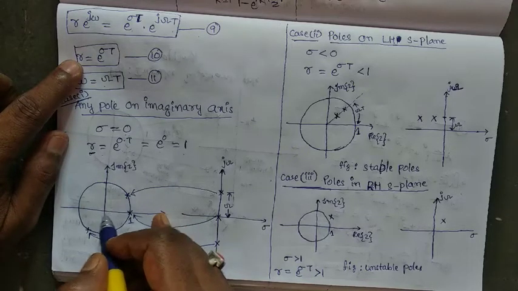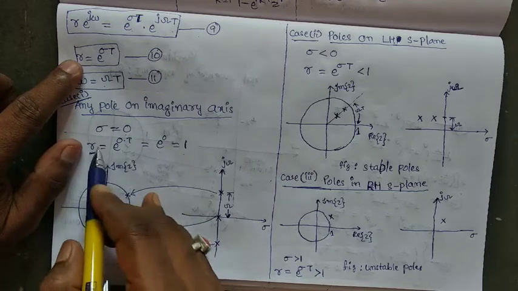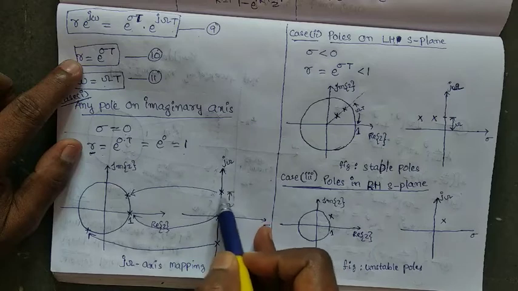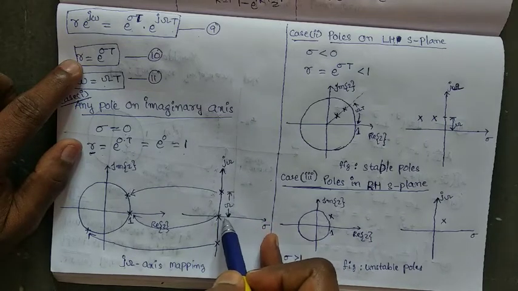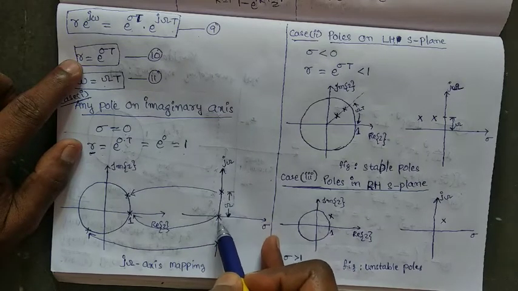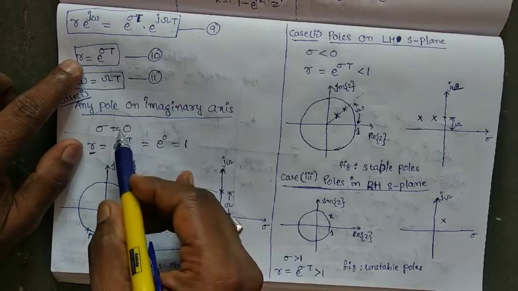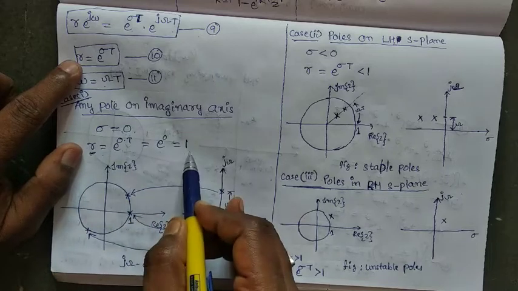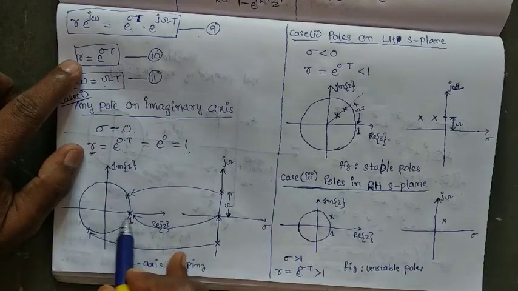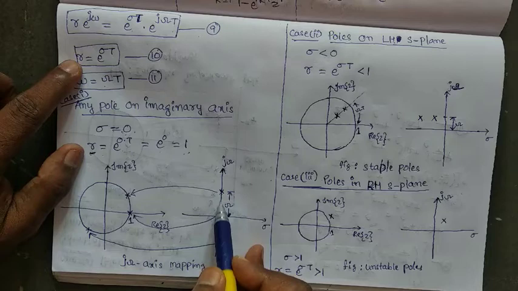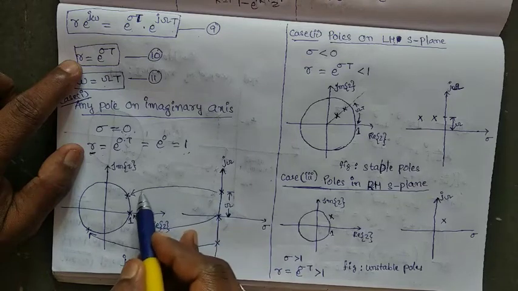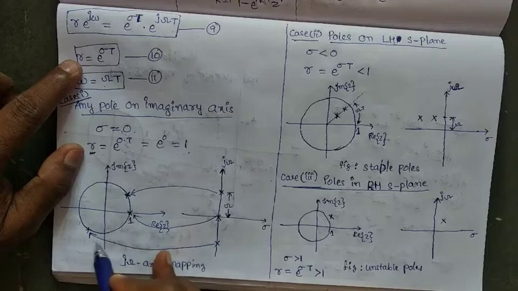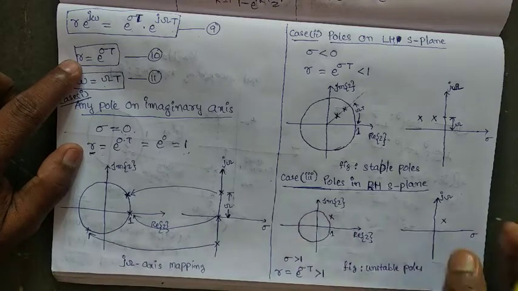We calculate it in terms of the real part in the S plane. The poles are located on the imaginary axis, so the real part is 0, sigma is equal to 0, and the R value is 1. This means all poles on the imaginary axis map into poles on the unit circle in the Z plane. Okay, this is case 1.